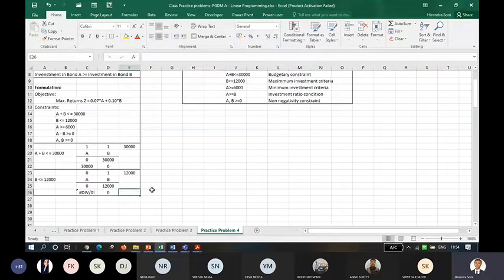Now why is 0 coming here? Because B will always be 12,000 irrespective of whatever values I have for A. So I can take 12,000 here as well, and this will still remain 12,000 only. Whatever the value of A, B will always be 12,000. Okay? We need this when we are drawing lines, nothing else.